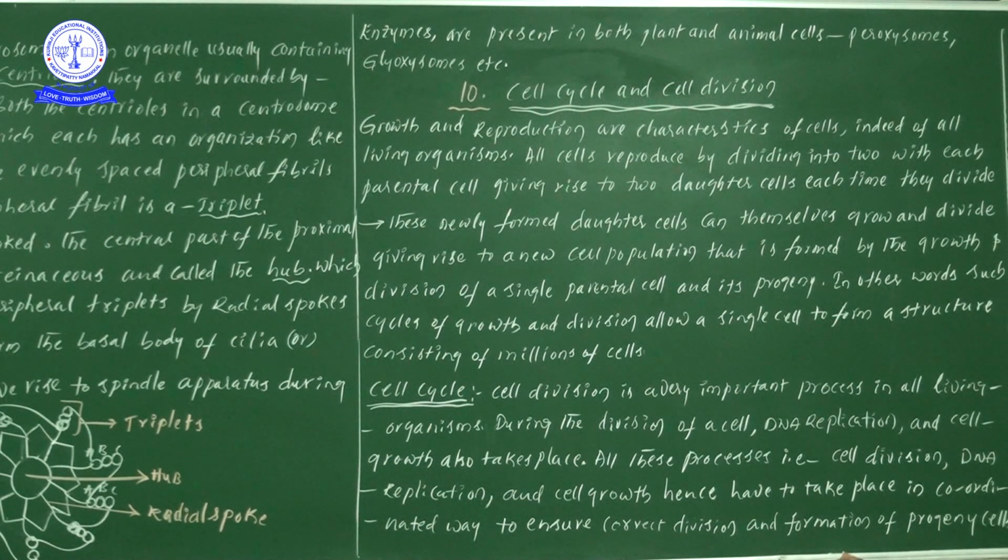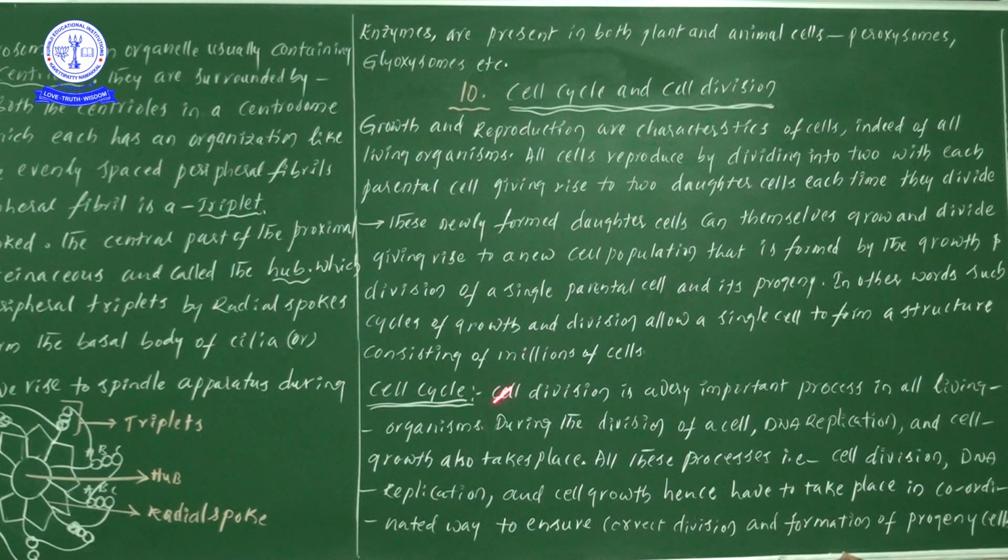One particular cell grows in its size, later DNA replication takes place, later cell division takes place. When all these processes take place in a coordinated way, we can ensure the correct division and the formation of progeny cells.